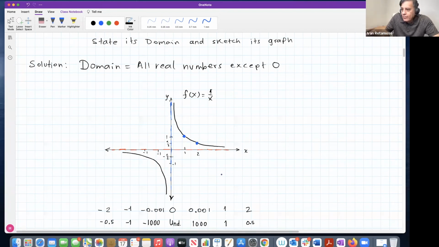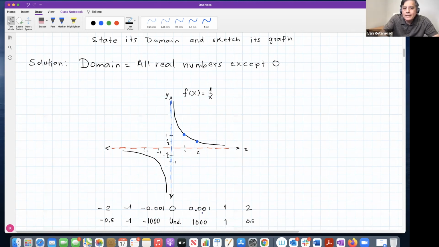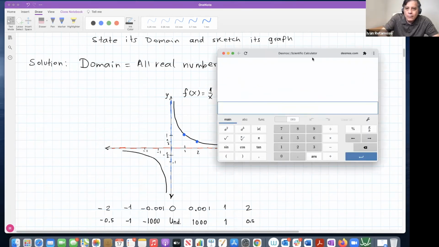And if you go to the extreme of taking a very, very small value for your x, meaning a value very, very close to 0, I have chosen 0.001. I want you to do in your calculator this: 1 over that number.